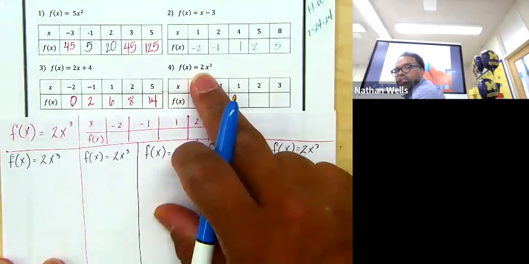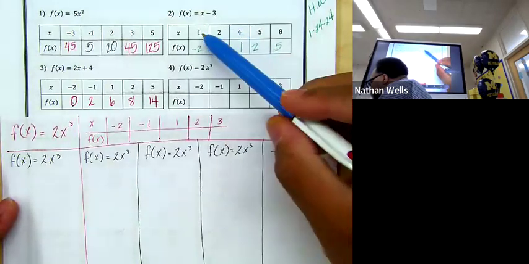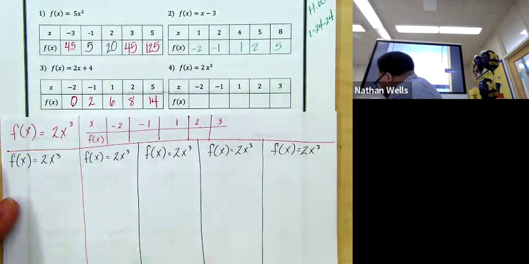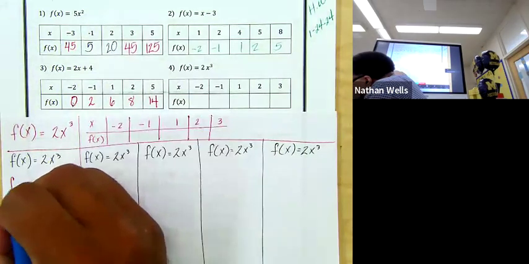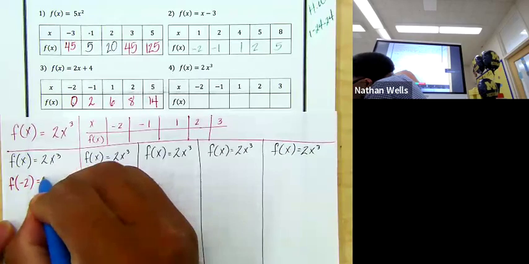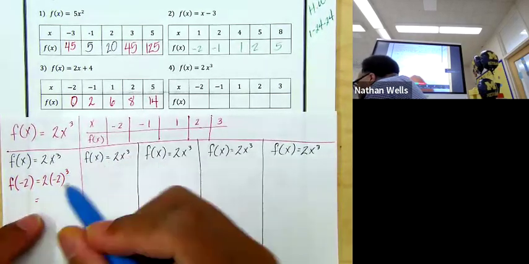F of x is equal to 2x to the 3rd power. And my values for x are -2, -1, 1, 2, and 3. Let's go ahead and put in that first x value. When x is -2, what is my f of x?